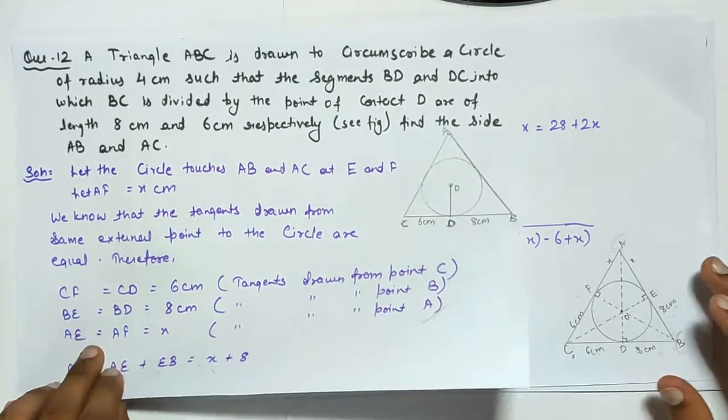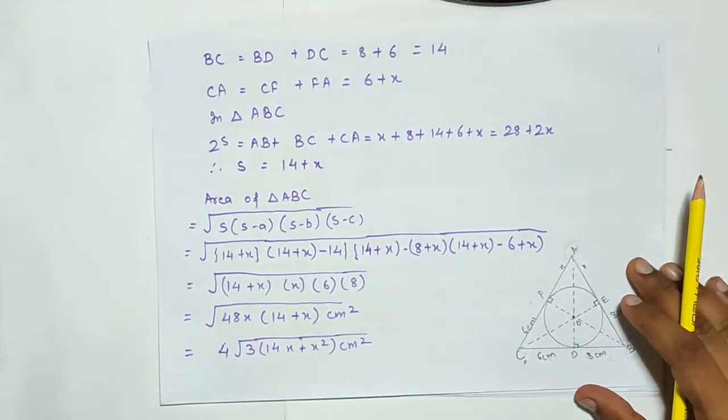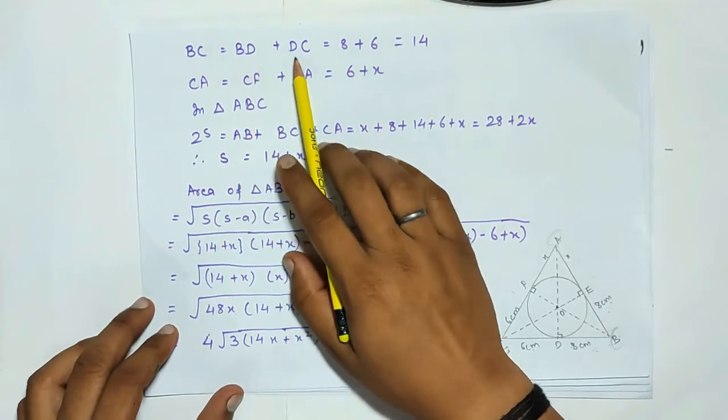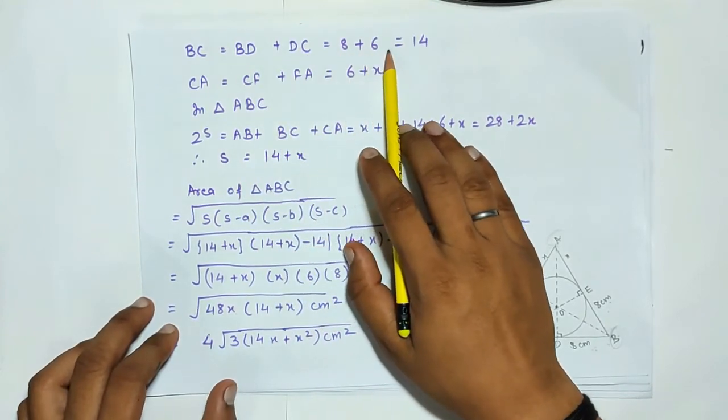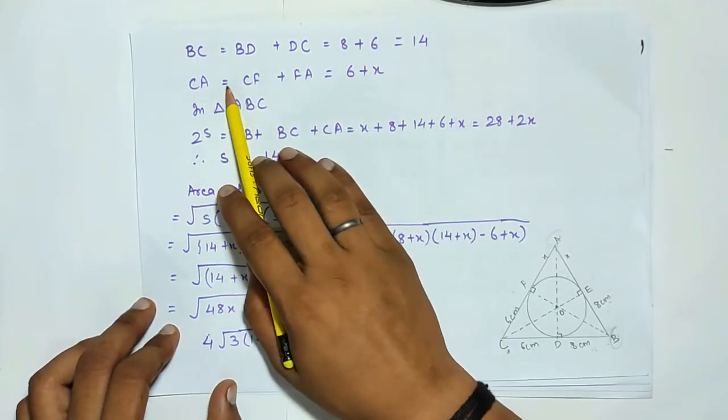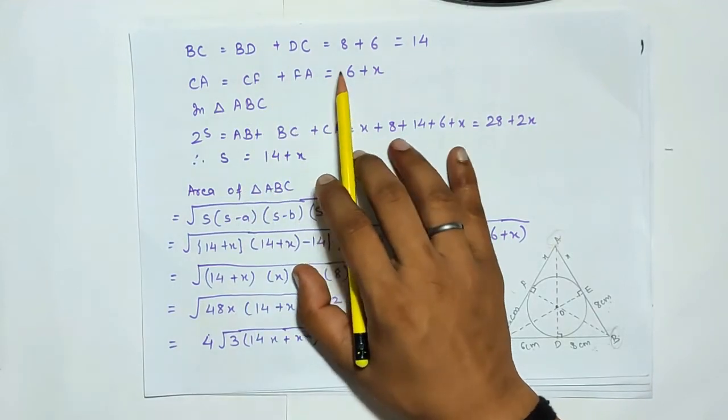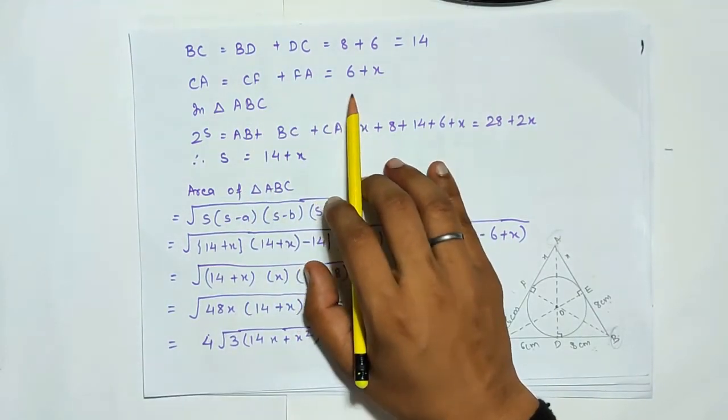Next, BC is BD plus DC is equal to 8 plus 6 is equal to 14. CA is equal to CF plus FA is equal to 6 plus x.